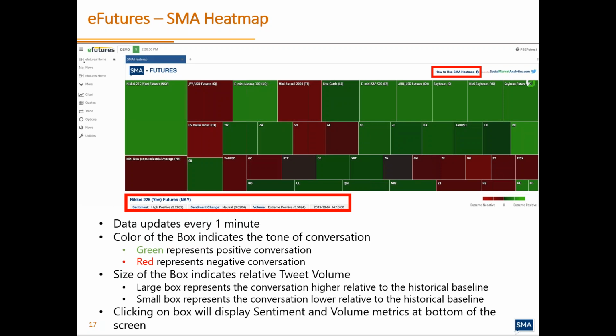So here we're looking at yen futures, and on that particular day, relative to its normal volume, it has a very high volume with a positive sentiment. It updates every minute. You see the values here, and green and red represent your traditional sentiment, positive or negative, and the size of the box is relative tweet volume. Then you can click on the sentiment, and you see more detailed information on that.